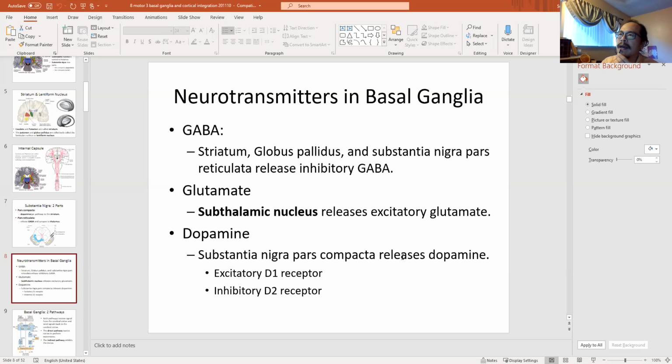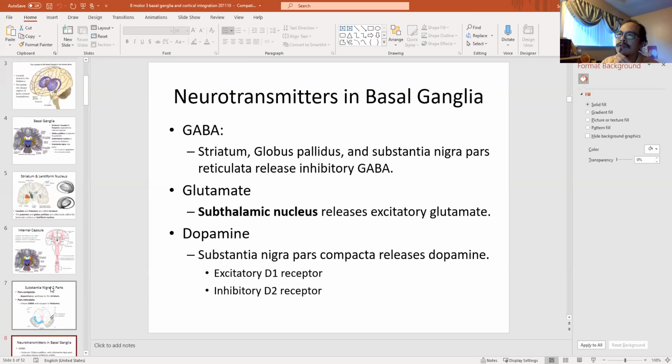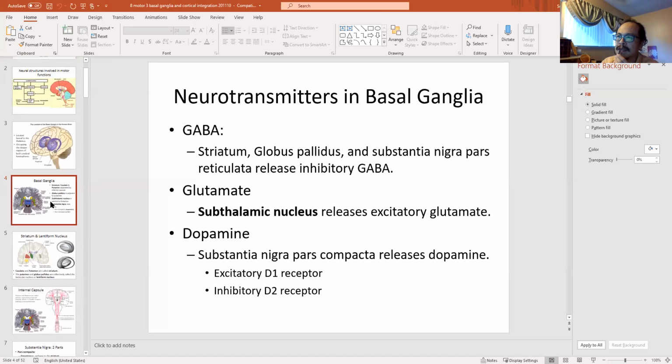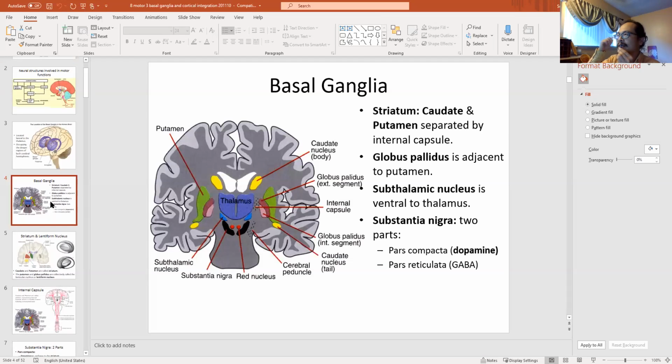All right, so now we have all this background about the basal ganglia. The next question is, okay, I know the different neurotransmitters, different locations, and different groups. Now, what exactly is this circuit? What exactly is the pathway formed in the basal ganglia?